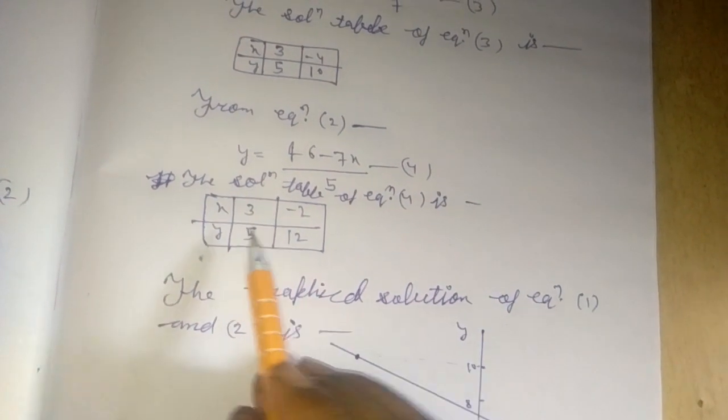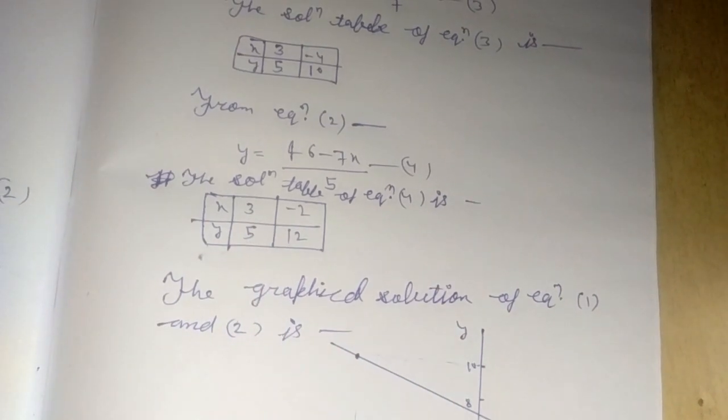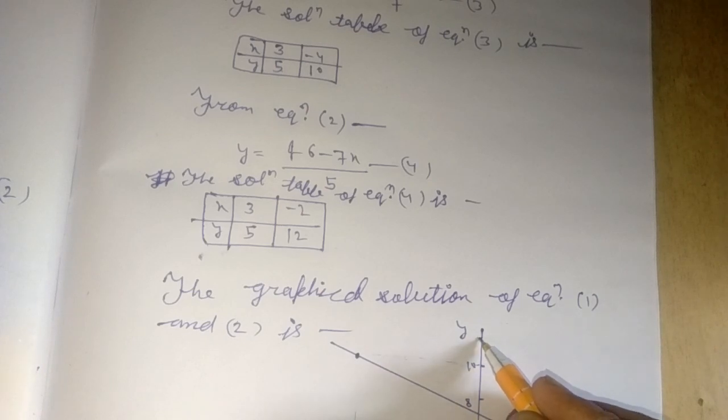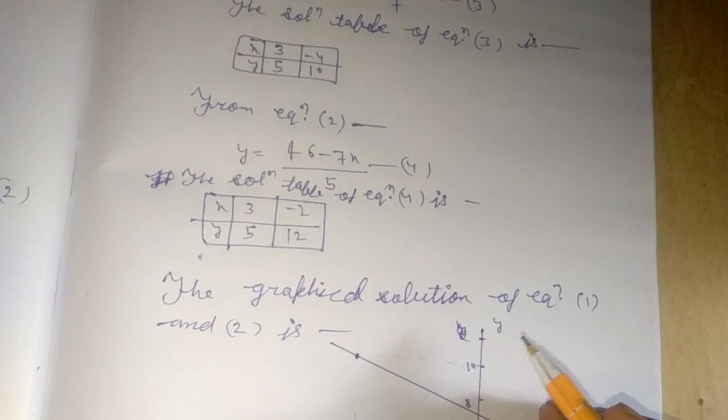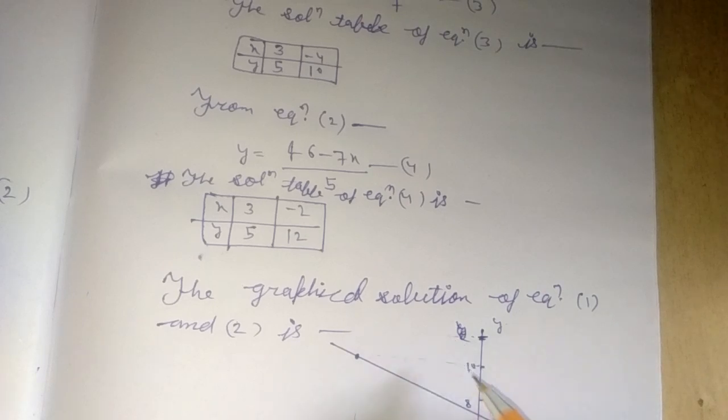Again, when x is equal to 3, we get y is equal to 5. So the point will be the same. And x is equal to -2, y is equal to 12. So 12 will be here, -2 and 12.